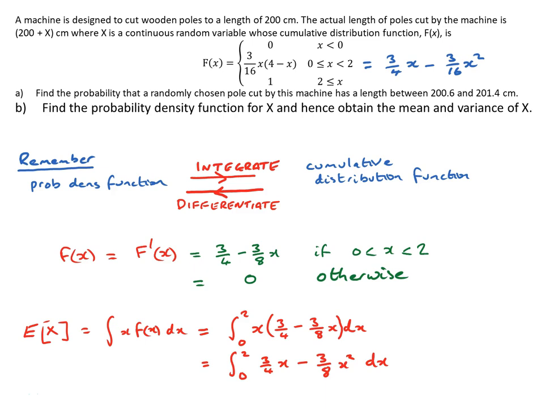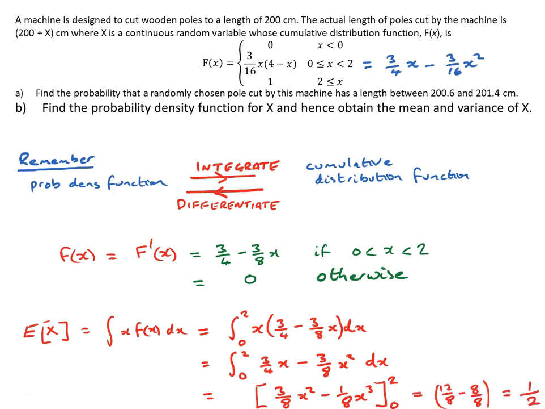Multiplying the brackets out first and then integrating, we've got 3/8 x squared - 1/8 x cubed as the result of the integration. But we need the value of that when x equals 2, take away the value when x equals 0.